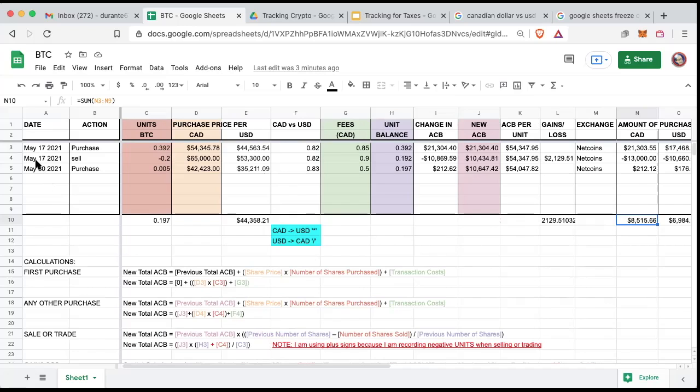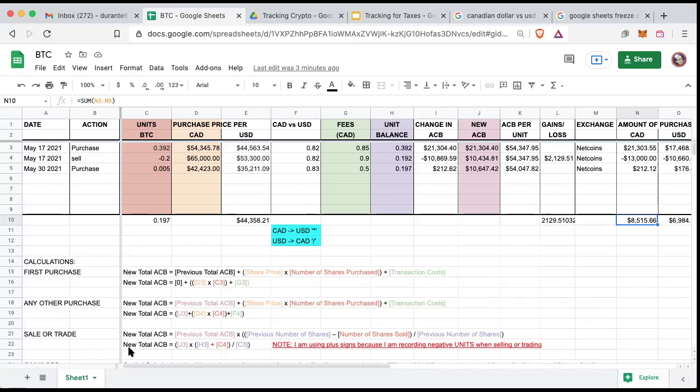Next, I want to demonstrate a sale, because in a sale, we are going to have to do a calculation for a gain. So down here, I have the calculation for when a sale takes place. And we take the new total ACB, which equals the previous total ACB, multiplied by the previous number of shares, minus, remember when we do sales, we do minuses, the number of shares sold, divided by the previous number of shares.